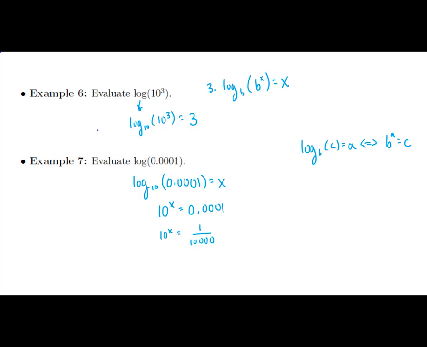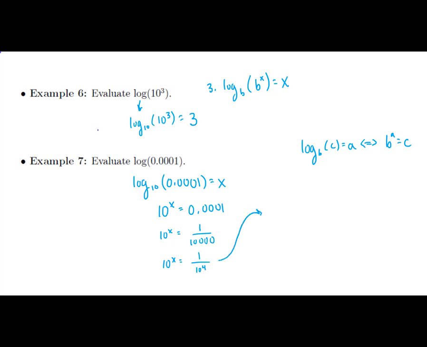Now, if I've got 1 over 10,000, I would really prefer it if this was a 10 instead of a 10,000. But I can do that, right? Because a 1 followed by 4 zeros we know is really just 10 to the 4th power. And that'll produce 10,000.